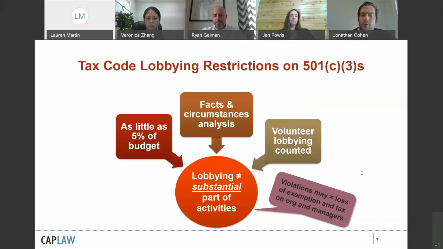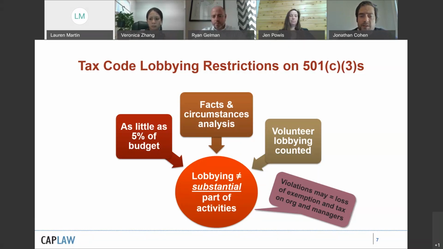The IRS will consider employee time spent lobbying. Key to point out, volunteer time lobbying also counts towards the substantial part test, even though those volunteers aren't paid. Time they spend lobbying for the organization does count and is weighed in on the substantial part test. So remember that.